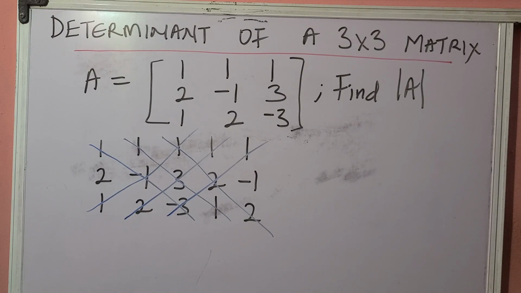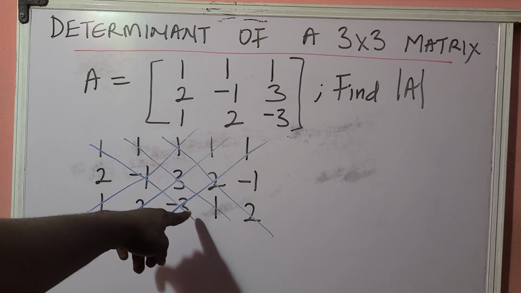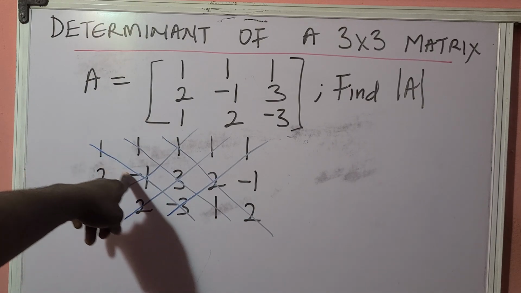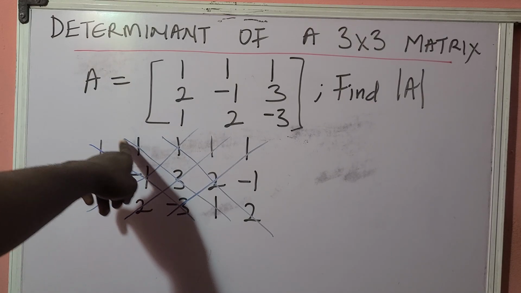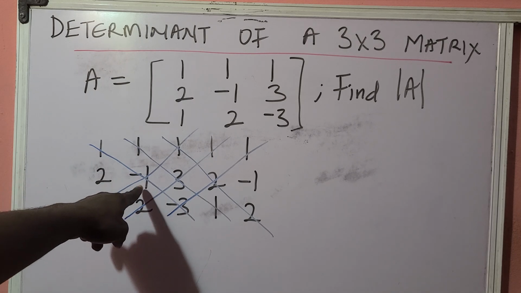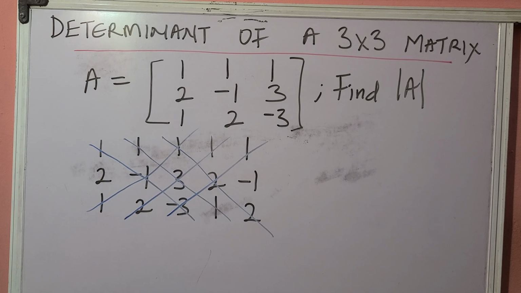What you have to do next is multiply the elements. This is one of the leading diagonals, the second one, the third one. You will multiply all the values of each leading diagonal and add them all up together. So that will be 1 times minus 1 times minus 3. That will give you plus 3.